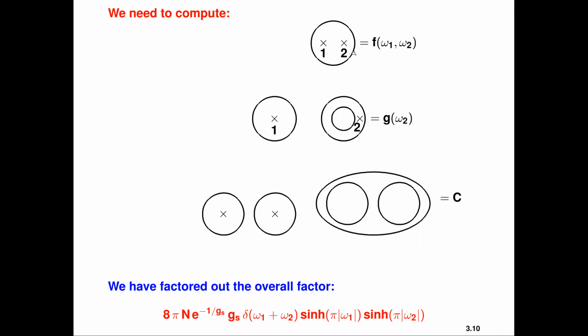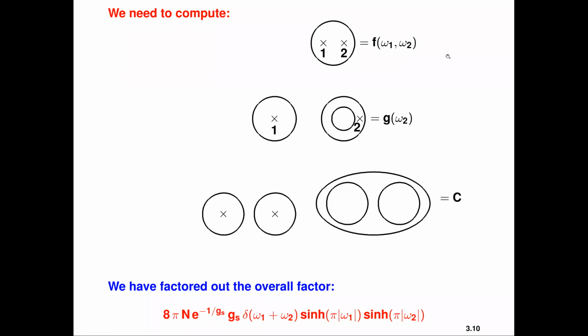And then we'll introduce some functions, which are defined here. So this is the 2-point function. The boundary condition here is the one relevant for the T instanton. I'll call this 2-point function f of omega 1, omega 2, where omega 1 and omega 2 are the energies of the two closed string tachyons. I'll use a convention that the ingoing particles carry negative omega.